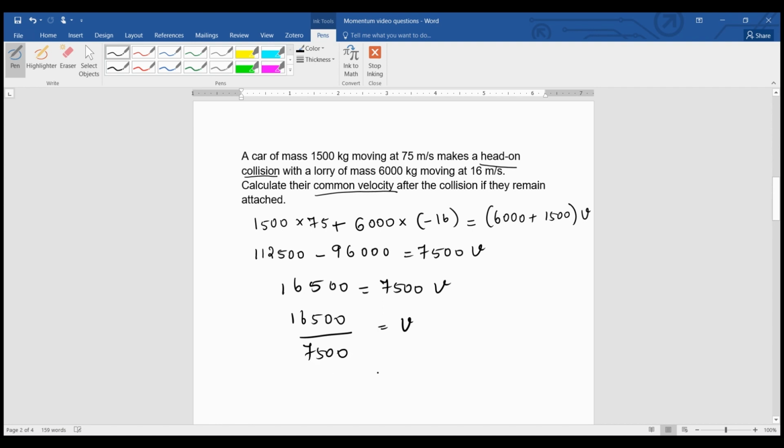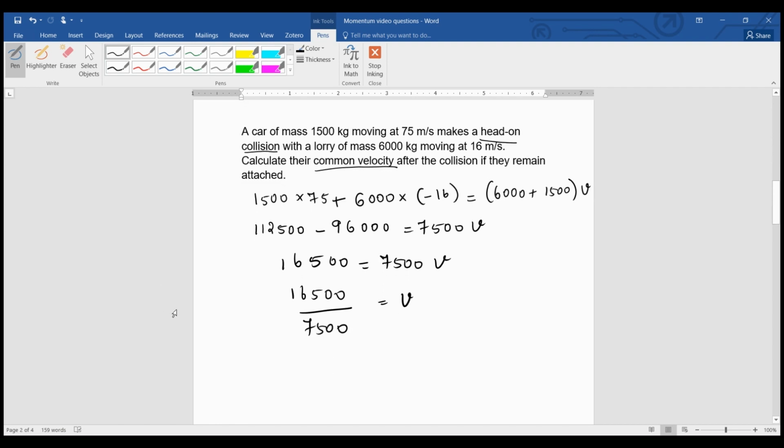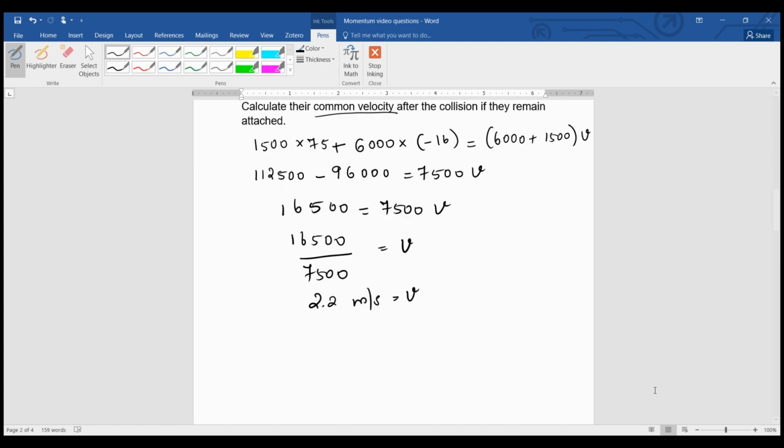So that is equal to 2.2 meters per second. Now if you look at it, we have the velocity to be 2.2 meter per second. It's plus 2.2 meters per second. So which means both the car and the truck, after collision, they are moving forward. Let's look at another scenario.